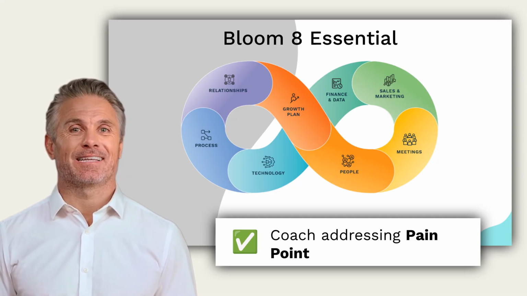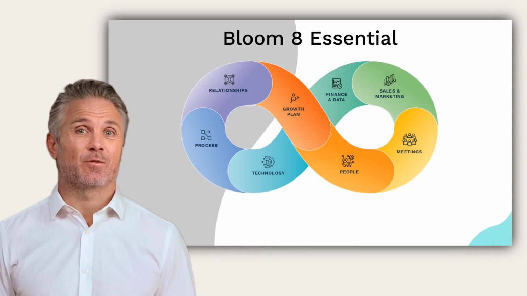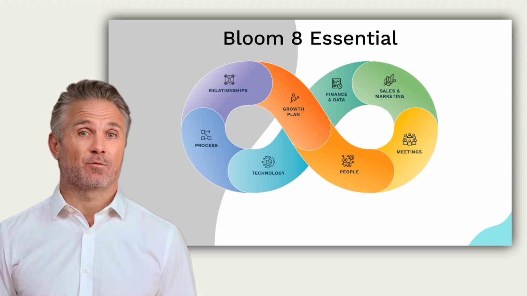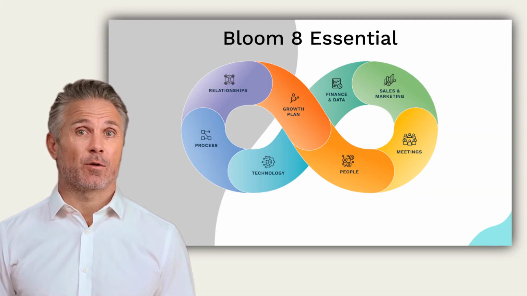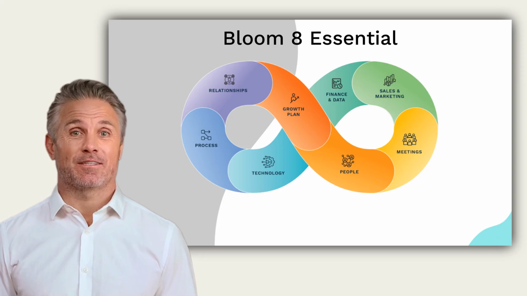So, optimizing tech is a key part of the system. And finally, we get to relationships, which is all about trust, authenticity, vulnerability, and alignment. Now, for that last one to really improve, Sam would need to be involved. If Sam and his mother-in-law are operating with a totally different cultural tone in another part of the business, it's going to be hard to shift the overall culture without addressing that too.